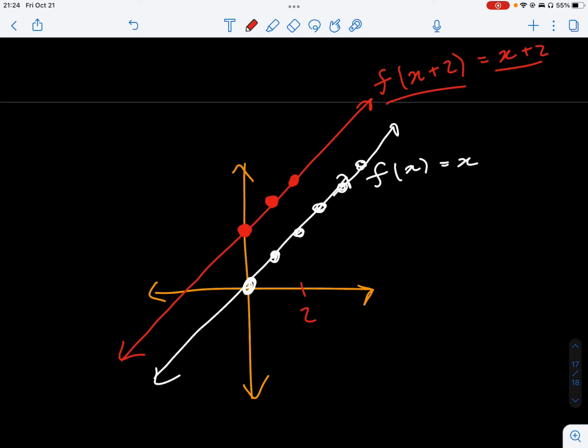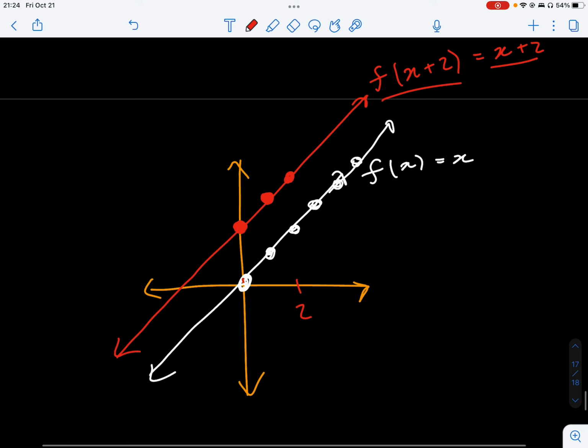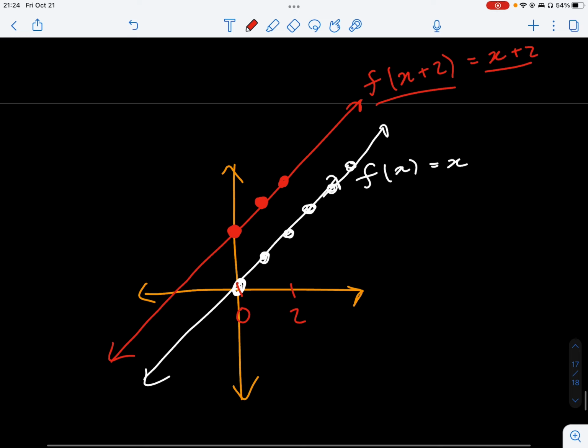So I'll look at 0 and I'll look at 2. Actually, hang on, backwards. If you plugged in the number 2 to this equation, you get an output of 2. So you get f of 2 equals 2.